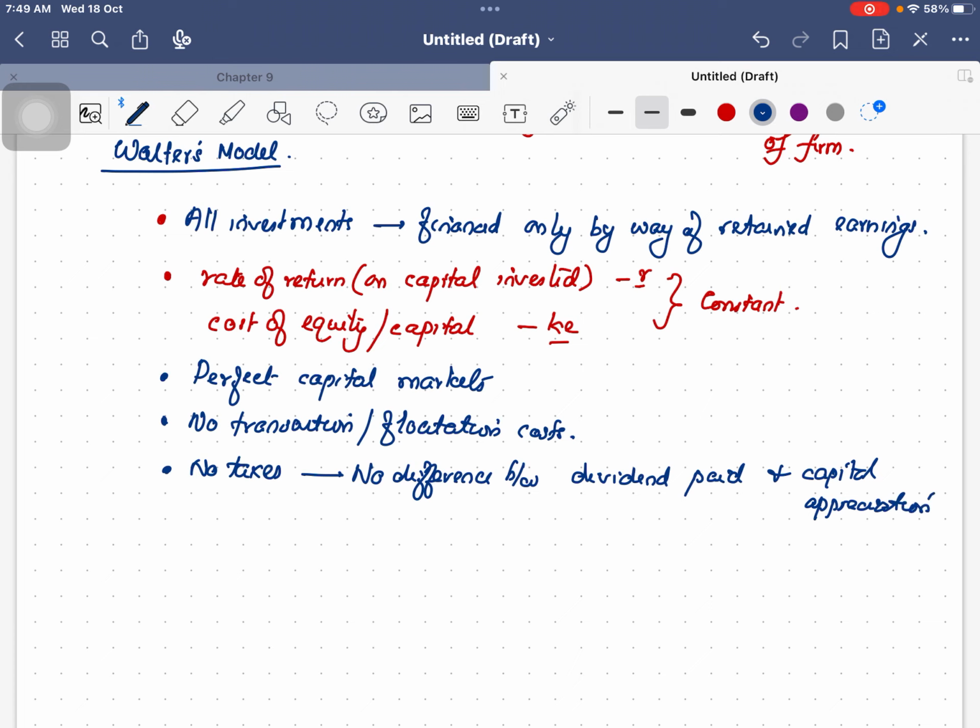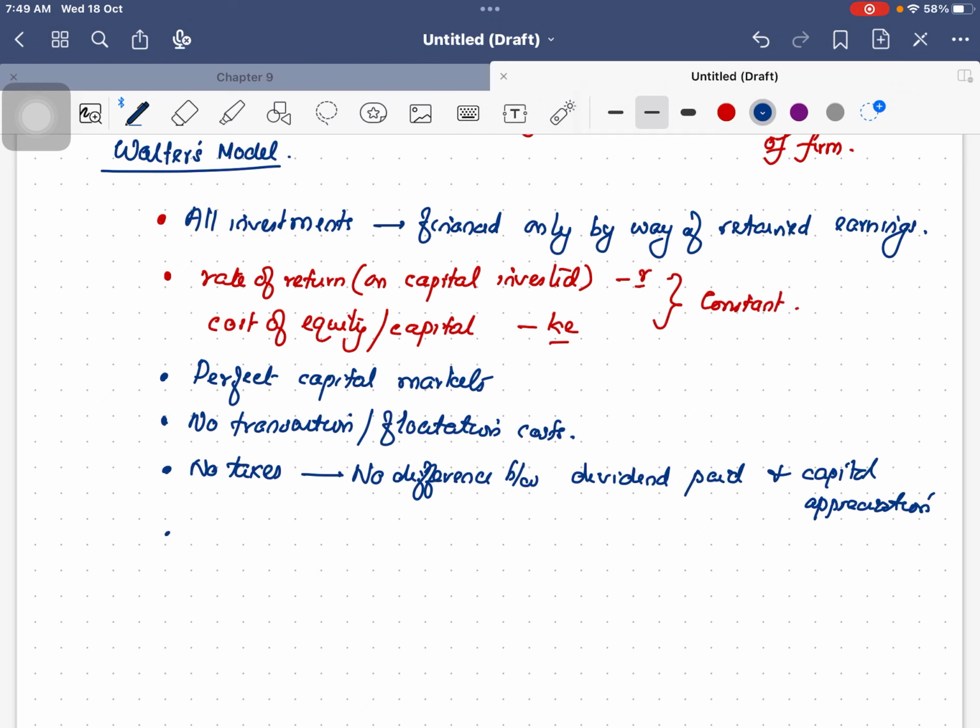If you are subject to a lower tax rate on dividend and a higher tax rate on capital appreciation, or otherwise, this model is not valid there. So here the assumption is there are no taxes or no tax discrimination between your dividend income and capital appreciation.